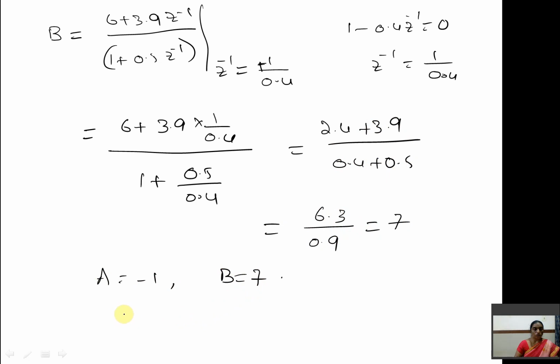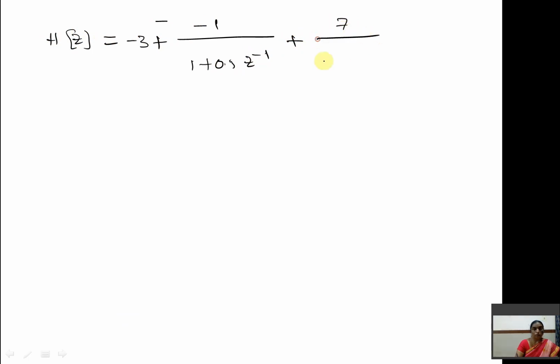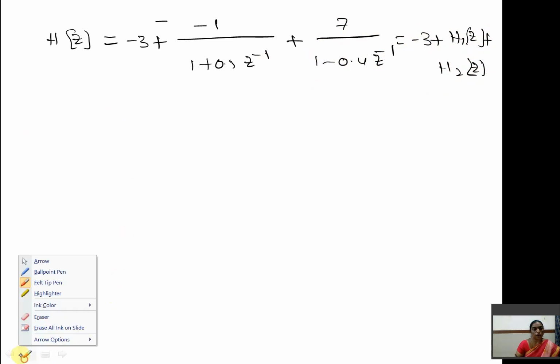Okay, so now H of z is equal to minus 3 plus minus 1 by 1 plus 0.5 z inverse plus 7 by 1 minus 0.4 z inverse. So here parallel form means it is in the form minus 3 plus H1 of z plus H2 of z, like that. So here also we may write like this.